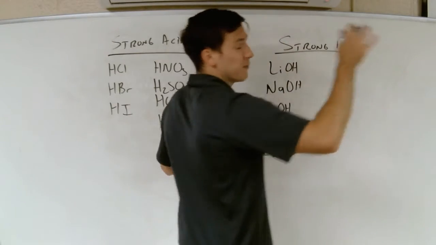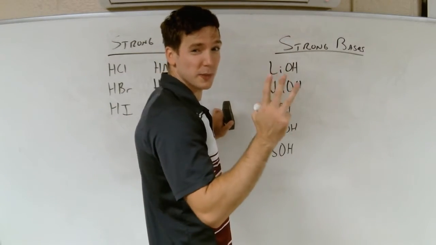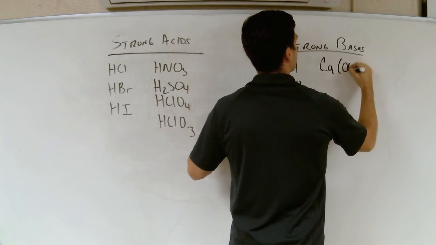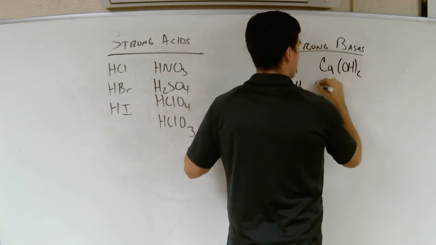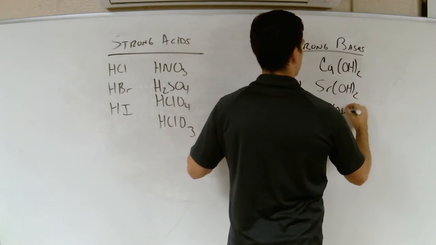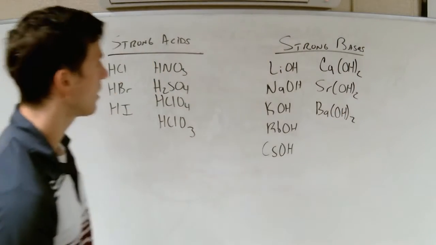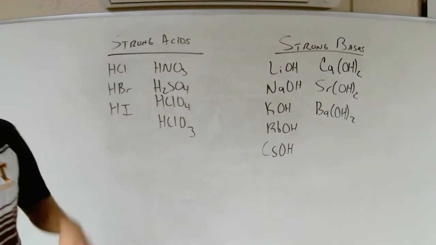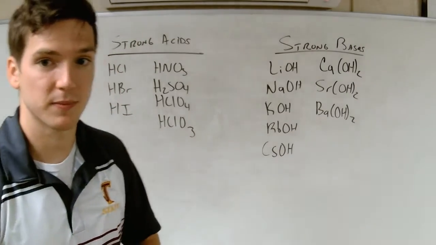And then we go to alkaline earth metals, and there's only 3 elements that form bases there, and that's calcium hydroxide, strontium hydroxide, and barium hydroxide. Okay? So those are 3 guys that are lined up with the transition metals, okay? Calcium, strontium, and barium. Okay, they form the strong bases.